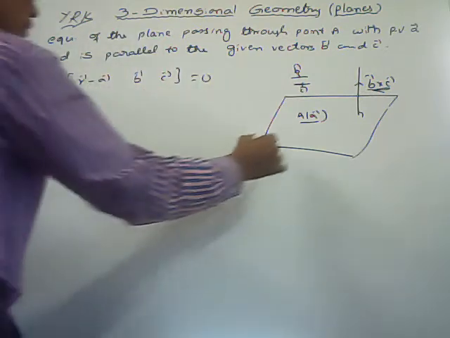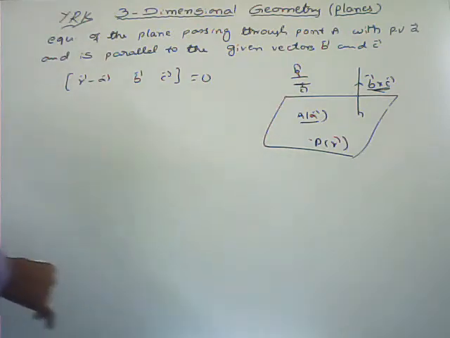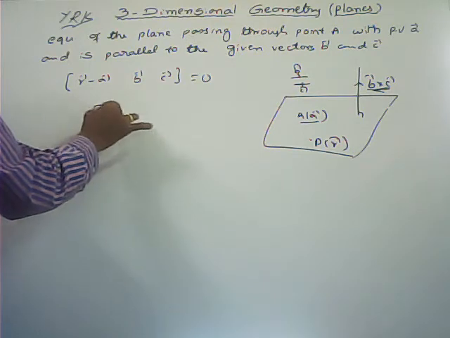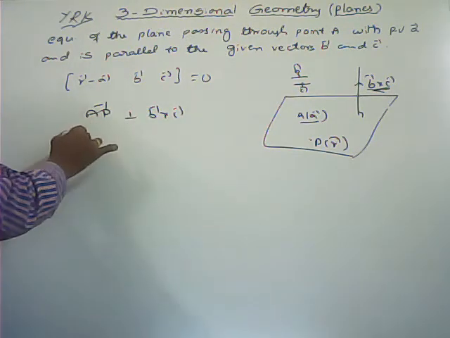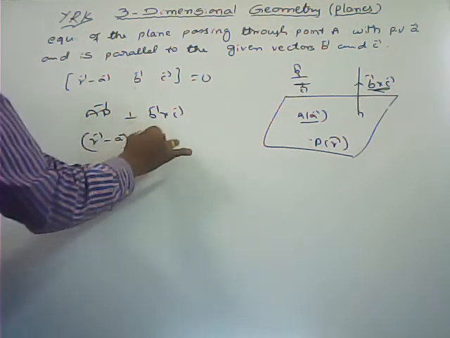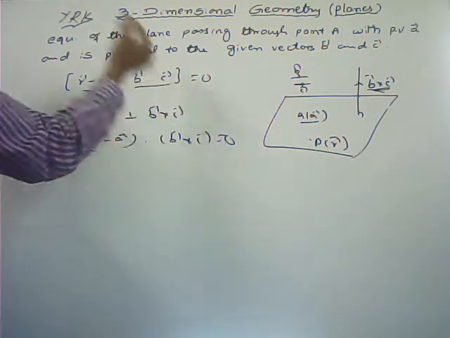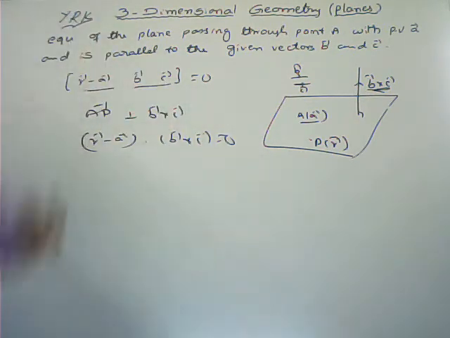Otherwise, if I take any variable point P whose position vector OP bar equals R bar, then AP bar is perpendicular to B bar cross C bar. So the dot product should be equal to 0. Here, R bar minus A bar dot B bar cross C bar is equal to 0. That is the box product, box of R bar minus A bar, B bar, C bar, and that only we got.